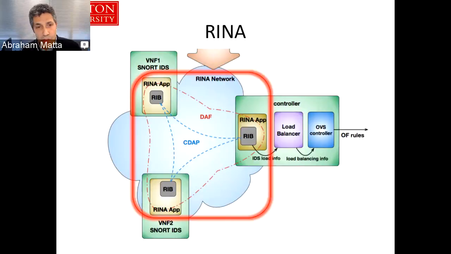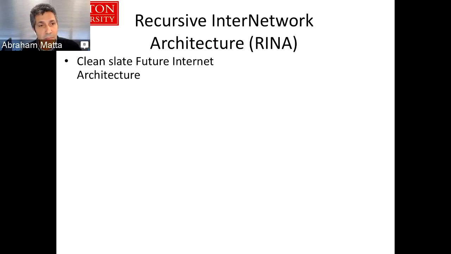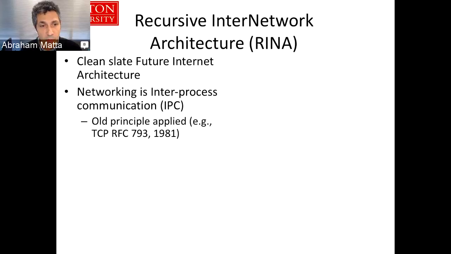Just to mention something about RINA, which is another topic, but I have only one slide for it. This is a clean slate future internet architecture. It's based on the principle that networking is inter-process communication, a principle that has been known for a while.